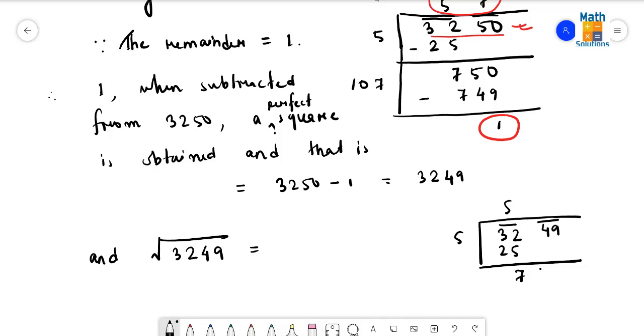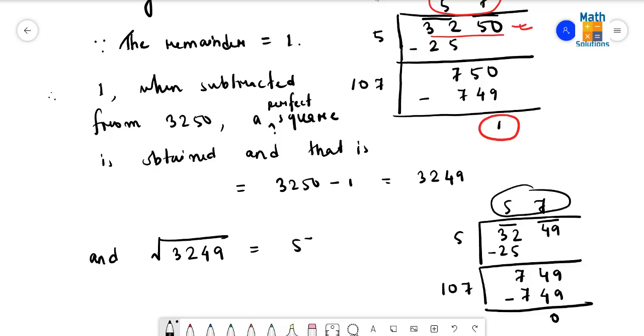This is 49. So 749, when we make it double, so it is 10, and when I put 7 here, then it will be 749. So after subtraction, this is 0 here. So required square root is of course 57. So I can write here 57. So this is the required answer.